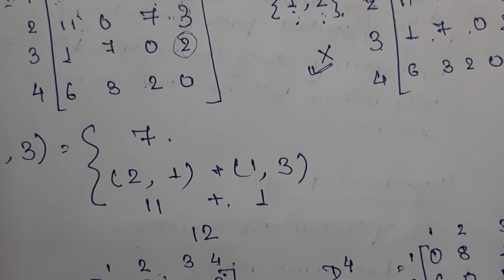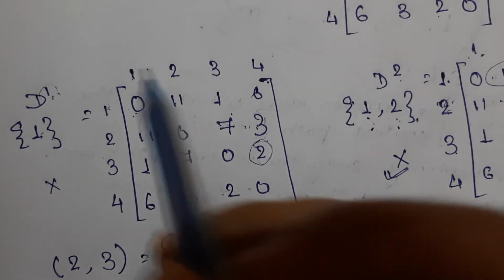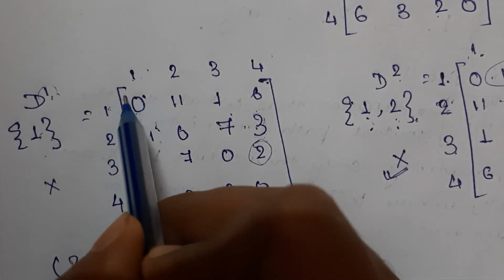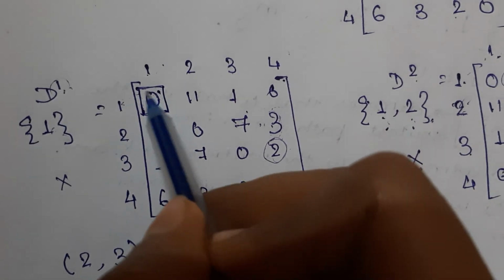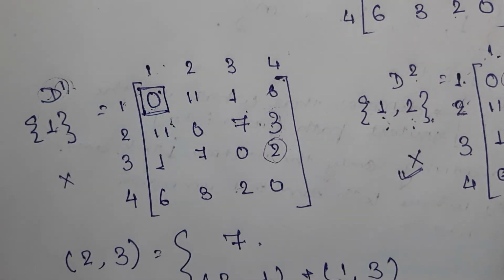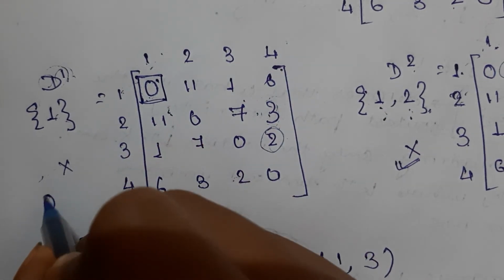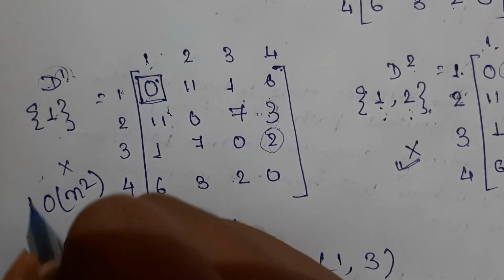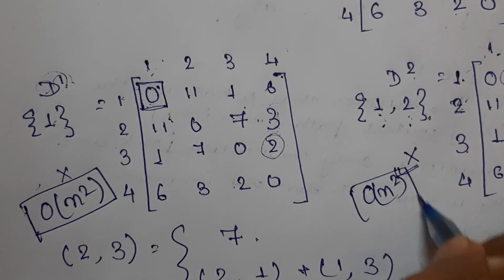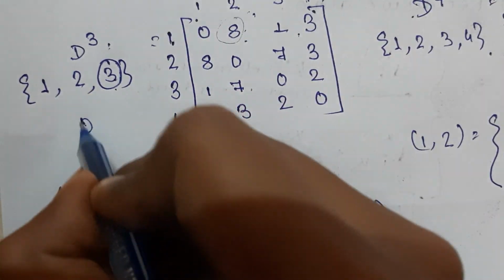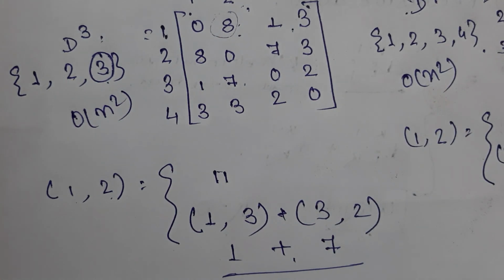Okay, so let us see the time complexity if we use this. What do we compute here? Each cell. How many cells are there in one matrix? N times n, or n square cells. For every matrix there are order of n square subproblems.